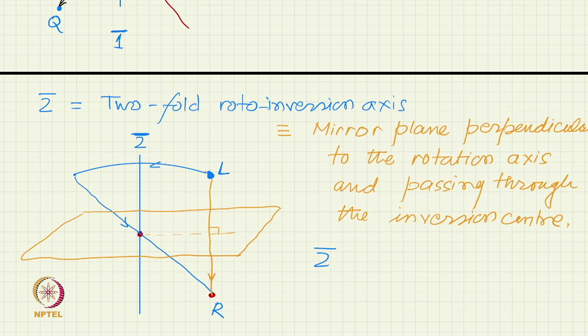So, 2 bar is usually written as m. We will usually not write it as 2 bar. So, the common symbol is m. If you write it as 2 bar, nobody can say that you are wrong, but since it is equivalent to mirror and mirror is easier to imagine, this is the common symbol.